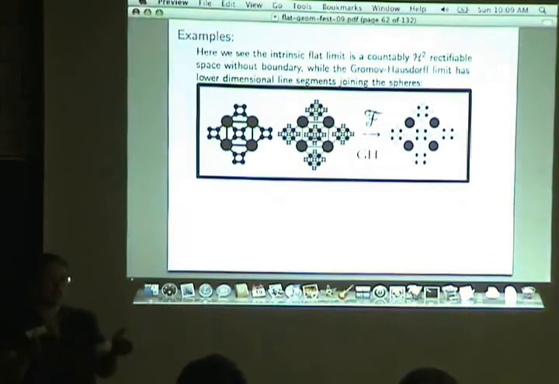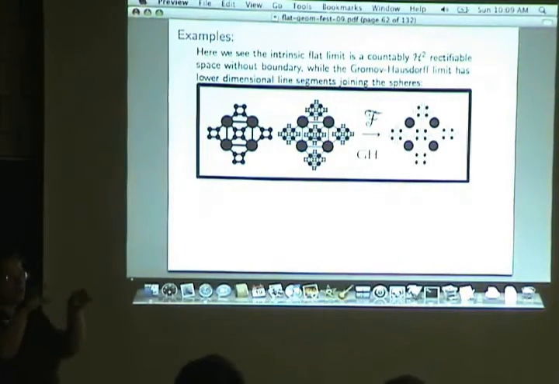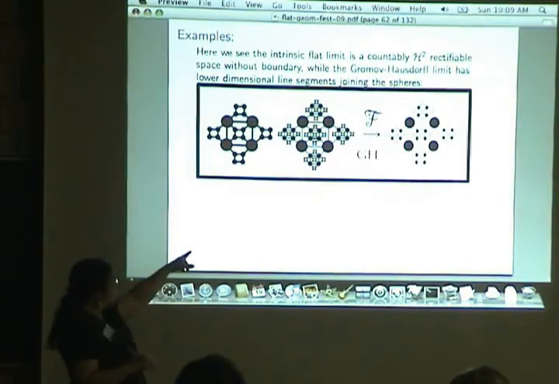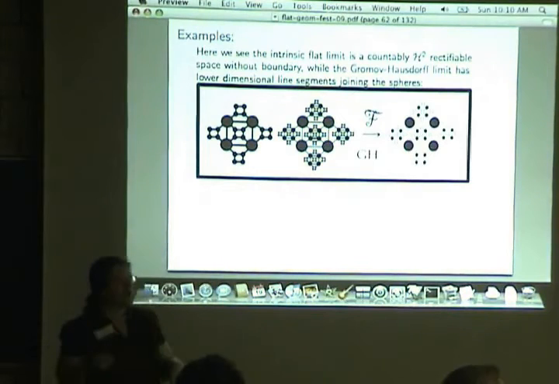It went up a dimension. But our integral current keeps track of that as only those spheres. So we're not taking any points that are just limits of spheres. We're only including the points in the set, the positive density points. So we actually still see all those countable spheres in our limits. And we still have the Lipschitz charts that are the right dimension. So even though your limit space could be quite horrific and quite overlapped looking, but actually not overlapped, the Gromov Hausdorff limit could be higher dimensional.